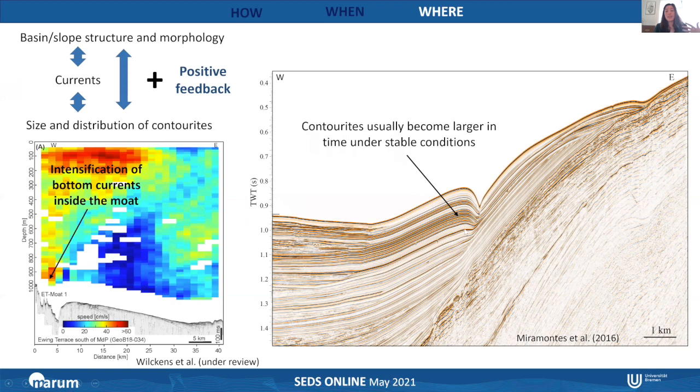This then created a morphology, and the morphology affected locally the current again. And then there is this positive feedback and the feature becomes, under stable conditions, bigger and bigger and bigger. That's also why probably we see these faster currents near the moat in the Argentine margin. So we have a moat, and probably because there is already a moat, this is going to intensify locally the currents.